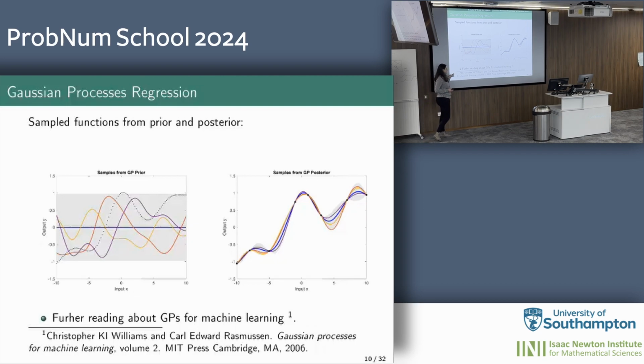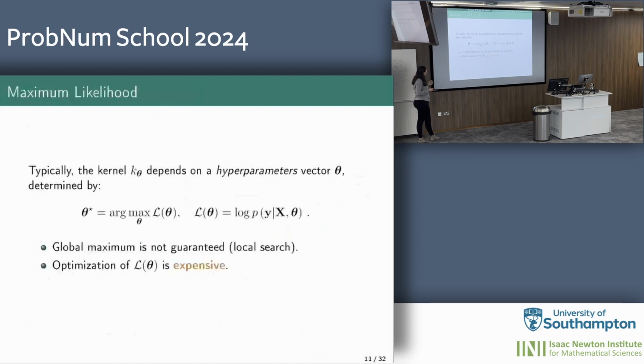Okay, so this is, of course, some prior and the posterior after the GP process. I think this book was already mentioned today, but still, one of the best books on GPs for machine learning. And another thing that I want to mention before I get more into the details of the model is that when we do this log likelihood maximization, the optimization problem itself is not really easy.